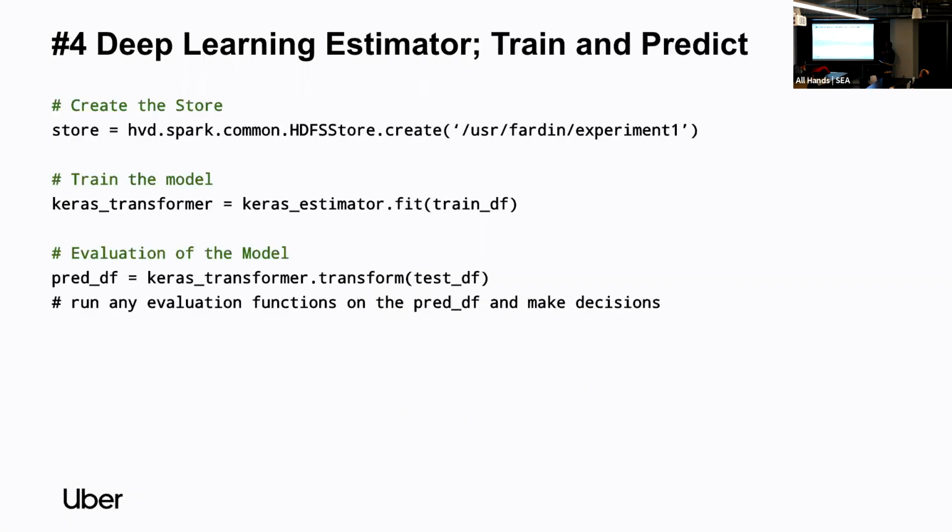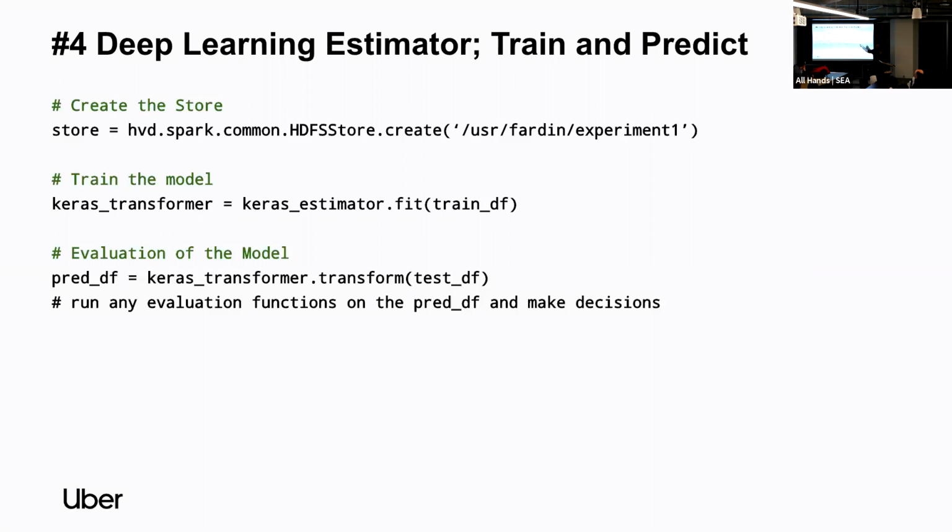Next step, you can just basically call estimator.fit on your trained data frame, which is a Spark data frame. So this will launch under the hood, we'll talk about this a little bit later, basically the executors that will do your distributed training, train your model on your entire data set with the parameters that you basically specified, and return a Keras transformer function, right?